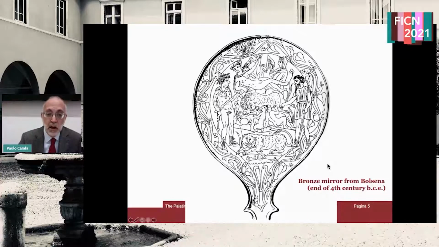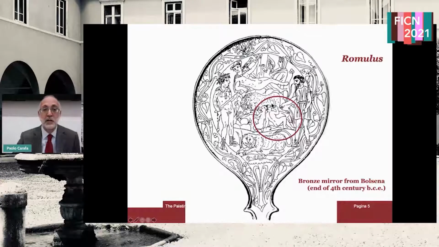At the center of the image, you can see the twins and the she-wolf, which is suckling the babies. All around, Romulus here, who is indicated by this man with a spear, we can see other figures, such as this man with a sheep coat and this bird here, which is a woodpecker.